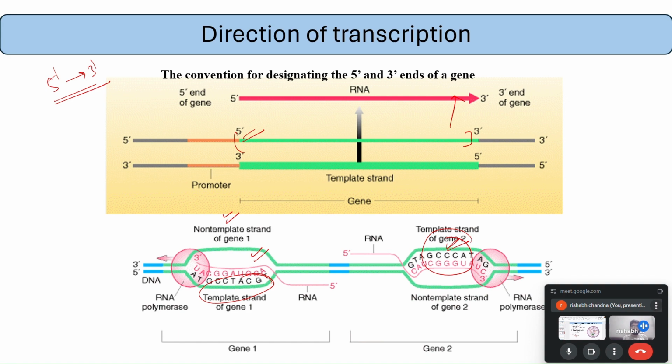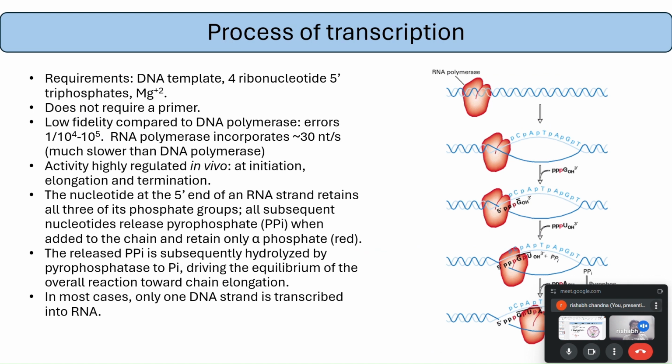So moving on, the basic process of transcription, how it happens. What do we require for this particular transcription? First is the DNA template, through which the RNA will be formed, and then we will be requiring the ribonucleotide 5 prime triphosphates.